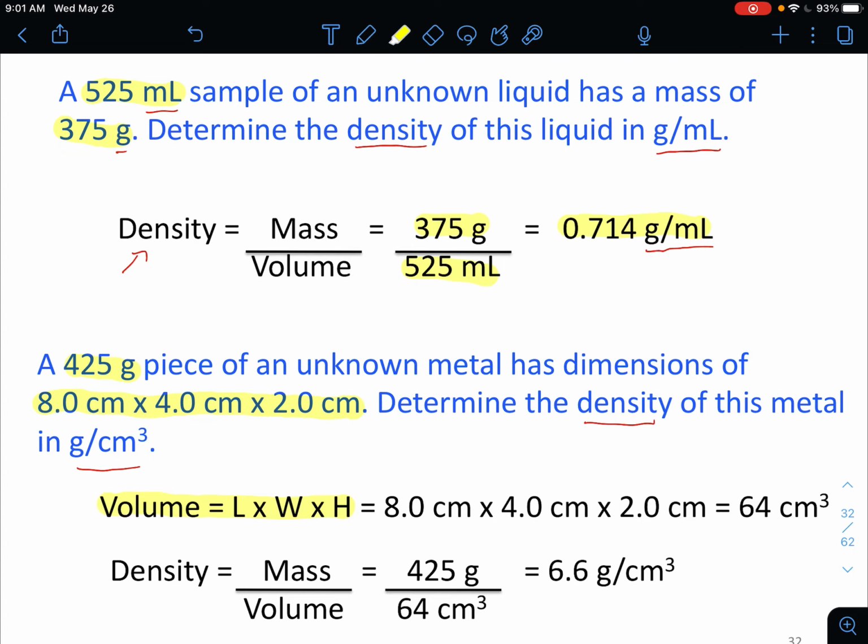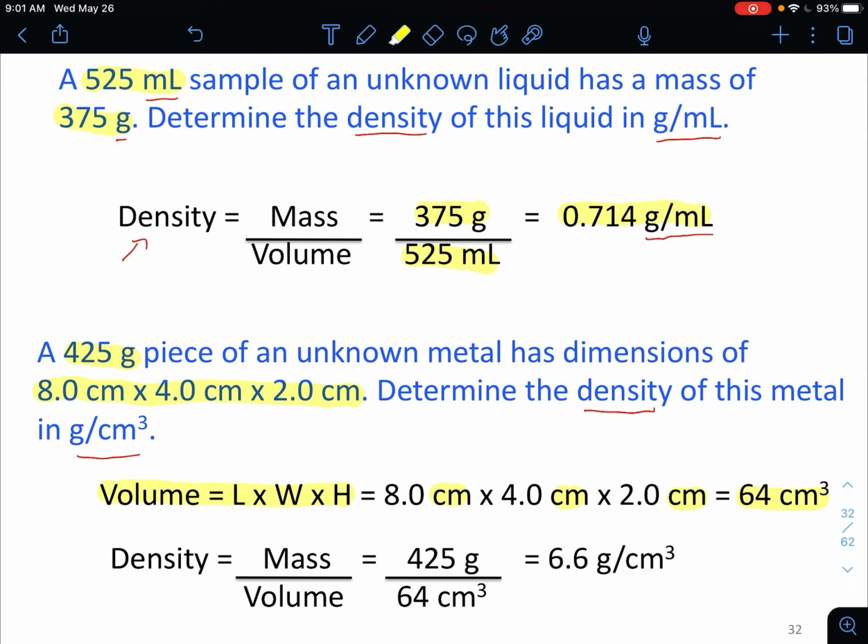So 8 times 4 times 2, and it's centimeters times centimeters times centimeters, so the unit is centimeters cubed. That's part of why I want you to get in the habit of saying centimeters cubed, feet cubed, not cubic centimeters, not cubic feet, because the unit itself is actually cubed, and that's going to matter when we get into unit conversion.